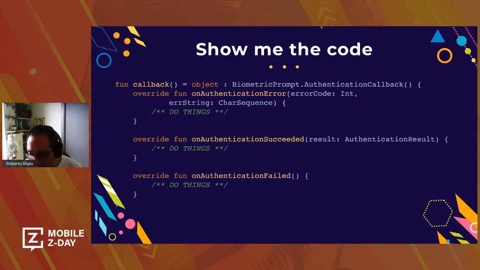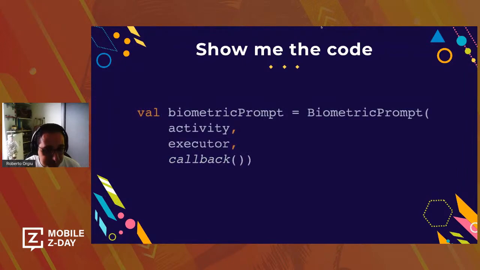Once we also have the callbacks, we connect everything together in a biometric prompt. As you can notice, here we have an executor. Well, an executor is there because we might want to run this code somewhere else.